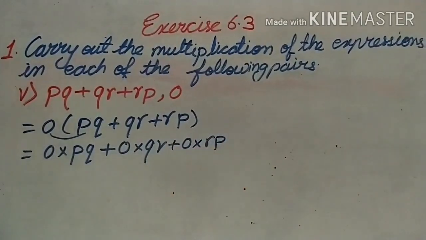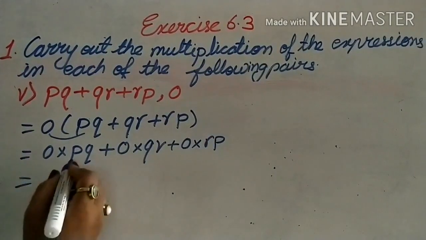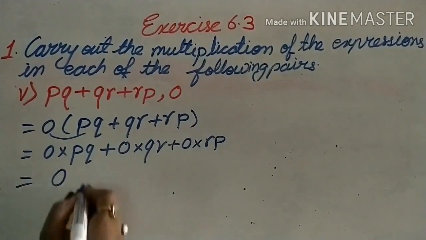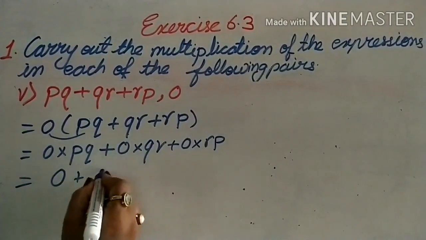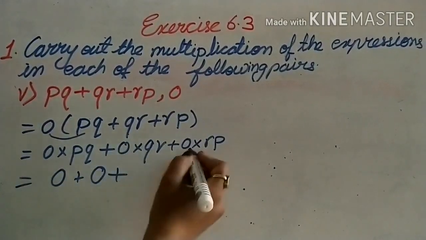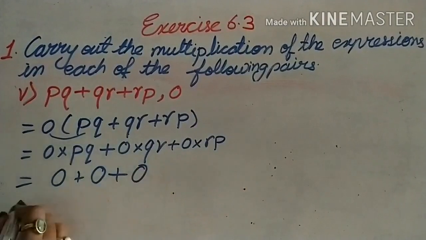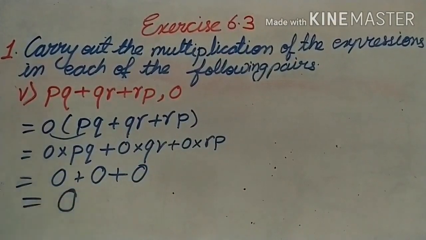Next we know that any number multiplied by 0, the answer is always 0. Therefore 0 into pq, 0, plus 0 into qr, 0, plus sign as it is, 0 into rp, 0. Therefore, the final answer is 0.